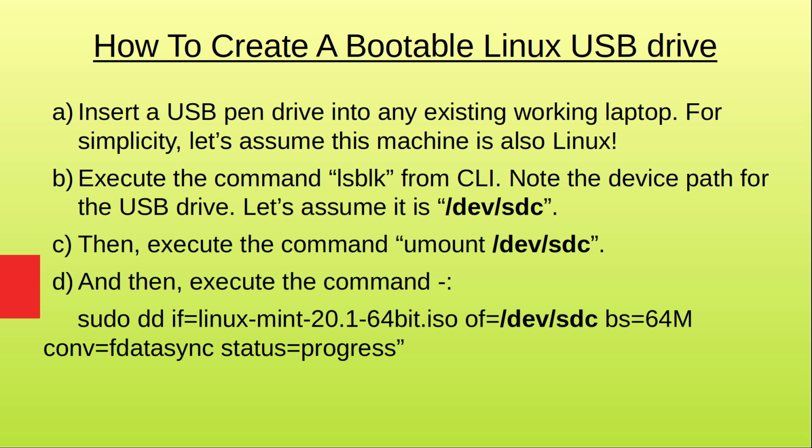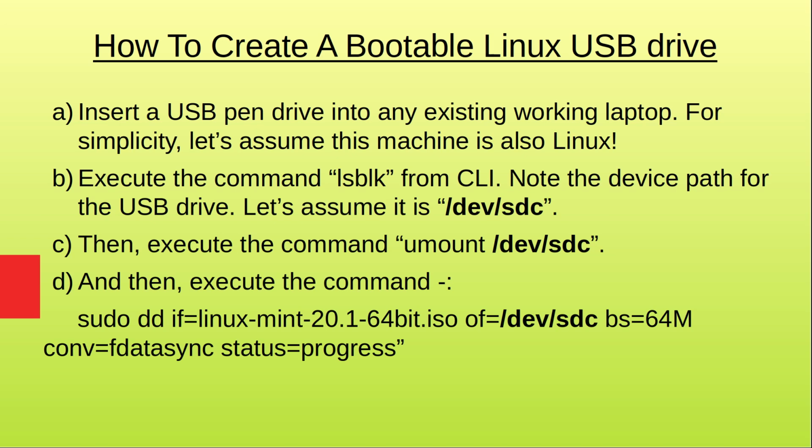Now execute the command lsblk from the CLI. After that you will see some output. In that you will see various device paths. Try to find out which device path belongs to this particular USB drive in which you have just inserted the pen drive.